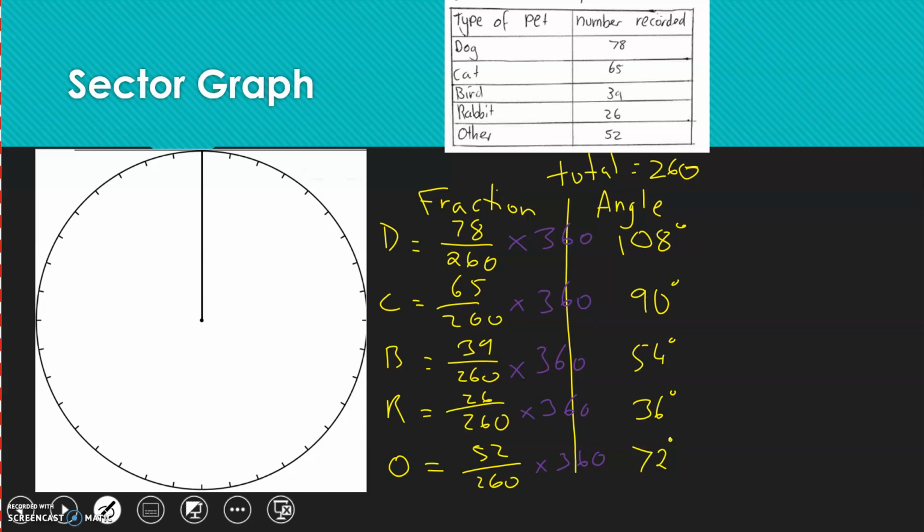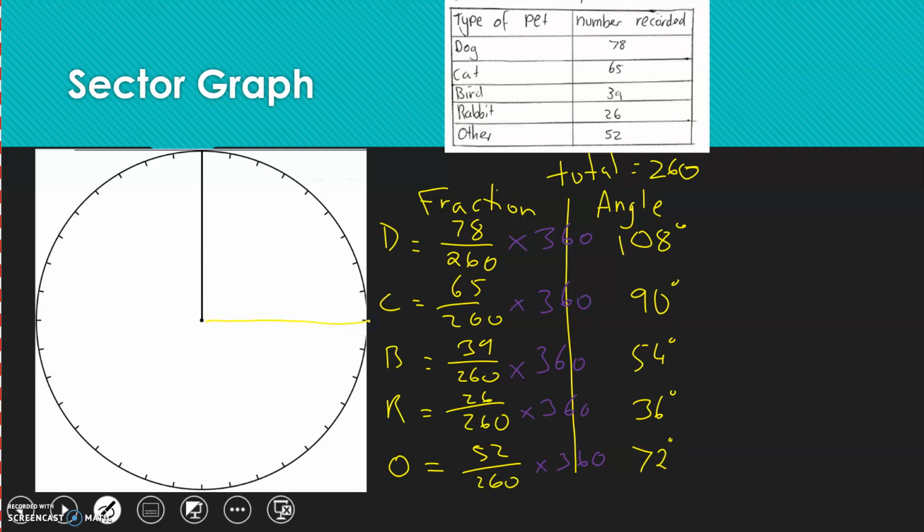Now, I've got a sector graph here and it's broken down, each increment is 10 degrees, just to make it easier for me to show this as an example. So our first section that I'm going to draw is for the cat, which is 90 degrees, because I know straight away that's going to go across here.